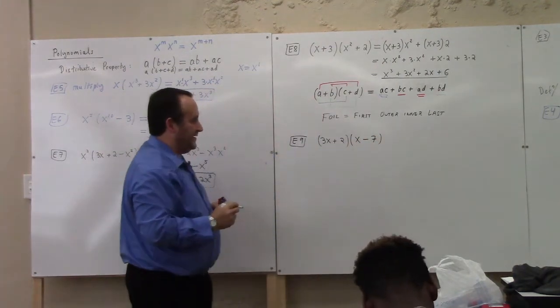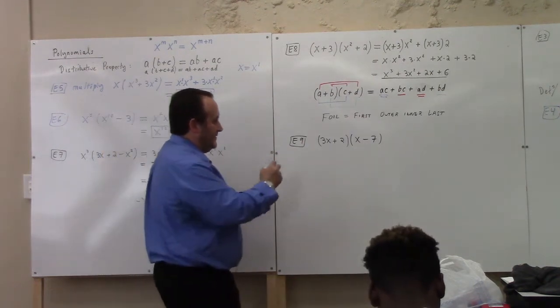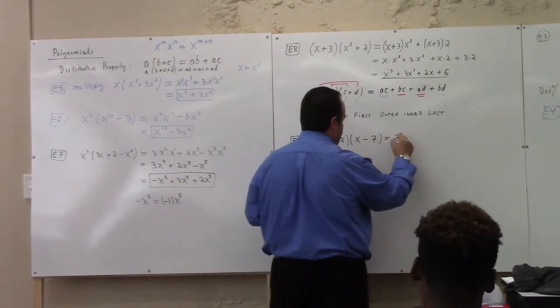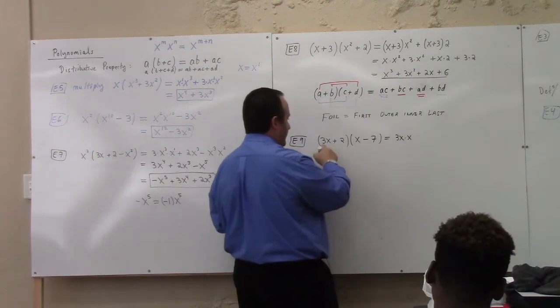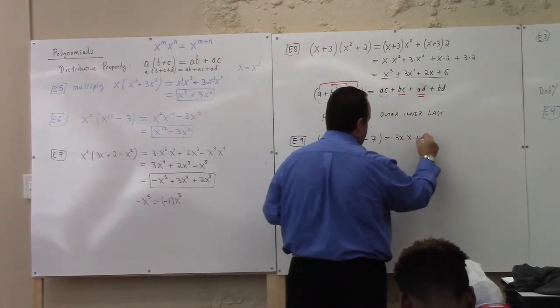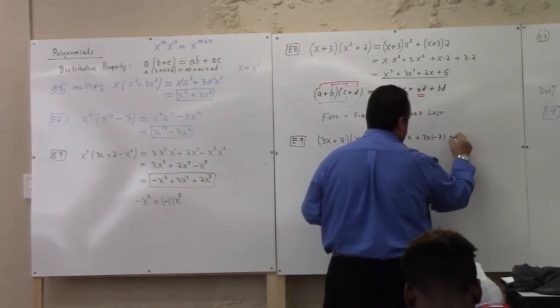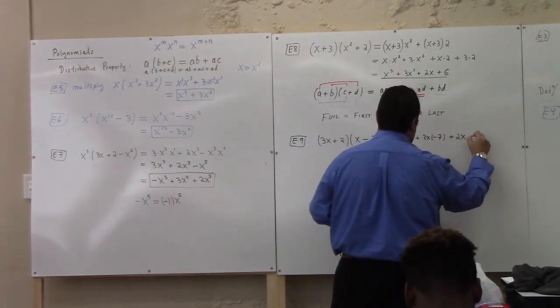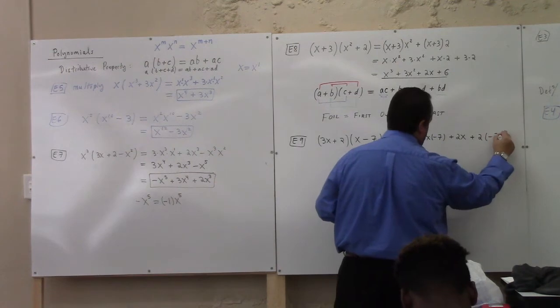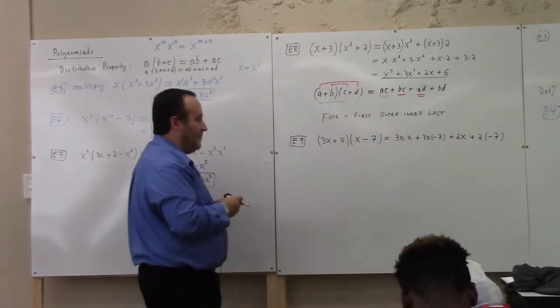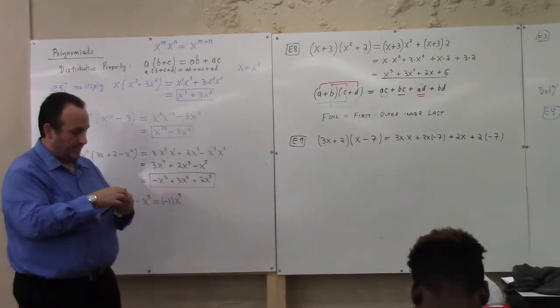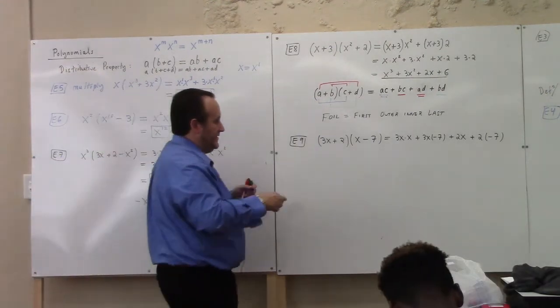All right, so I'm going to try to follow my guide. So I do 3x times x, plus 3x times minus 7, plus 2 times x, plus 2 times minus 7. Let me just write the color coding again down here.